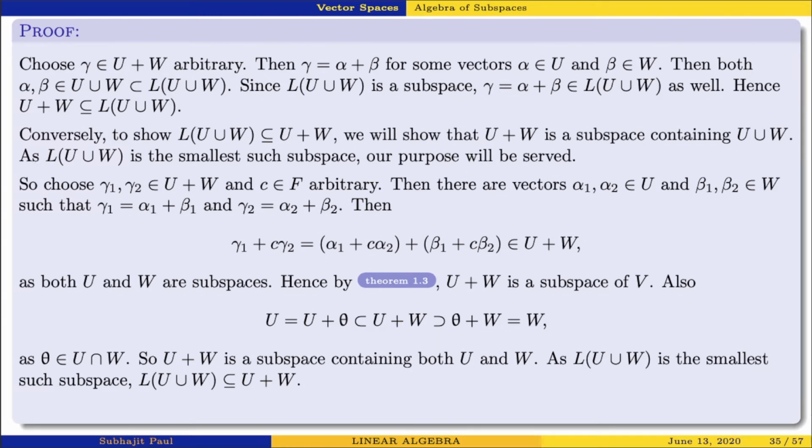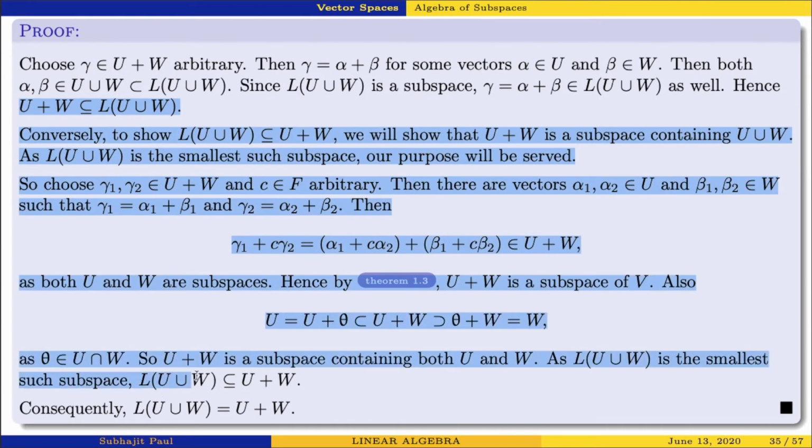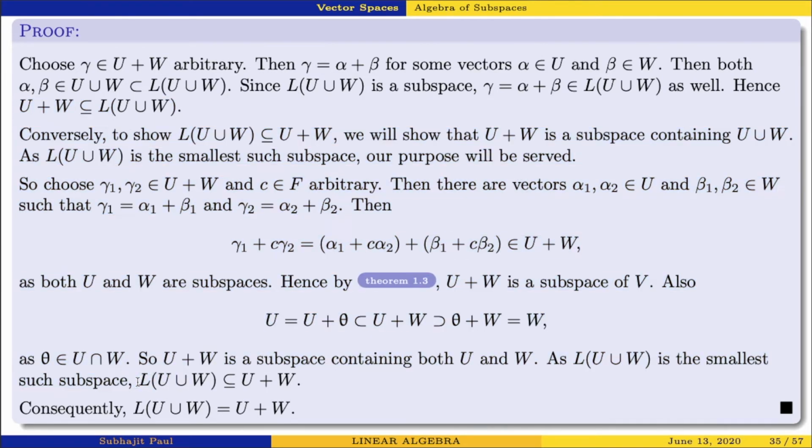We must have L of U union W is contained in U plus W. So consequently, combining these two, we have L, the linear span of U union W, is equal to U plus W.